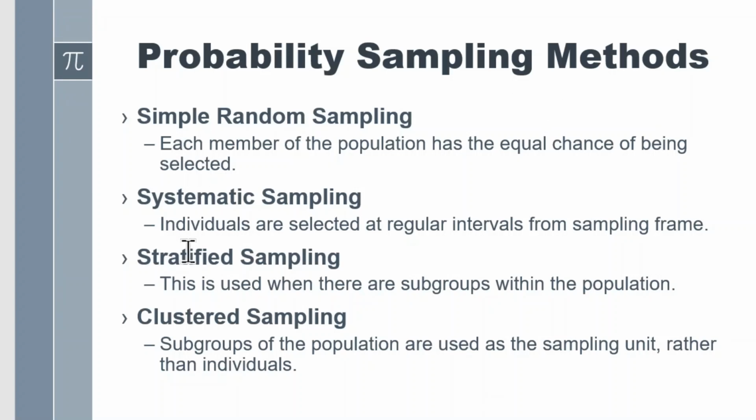The first one is simple random sampling, in which each member of the population has an equal chance of being selected. Then systematic sampling, wherein individuals are selected at regular intervals from a sampling frame, followed by stratified sampling, which is used when there are subgroups within the population, and cluster sampling, where subgroups of the population are used as a sampling unit rather than individuals.